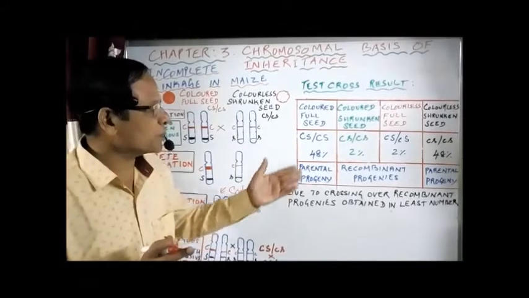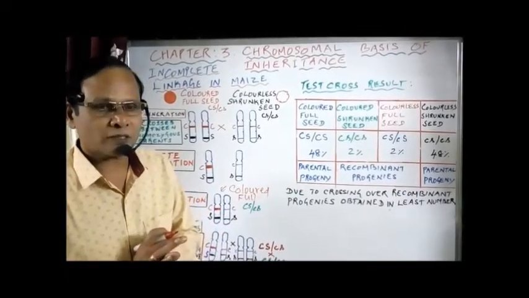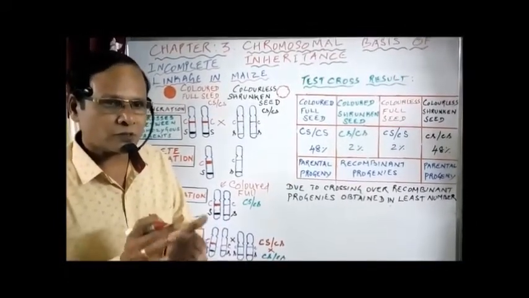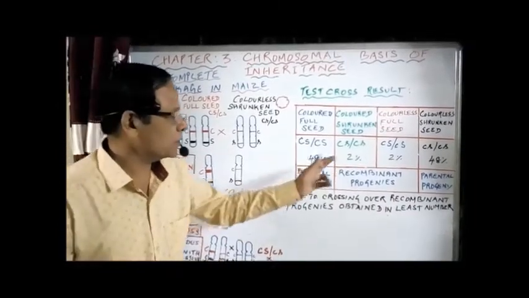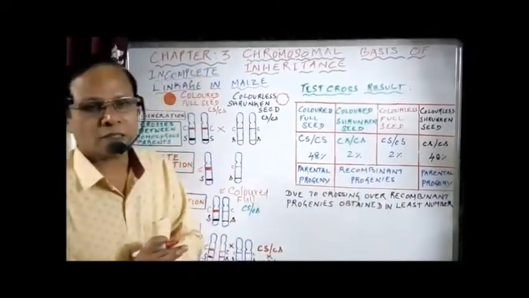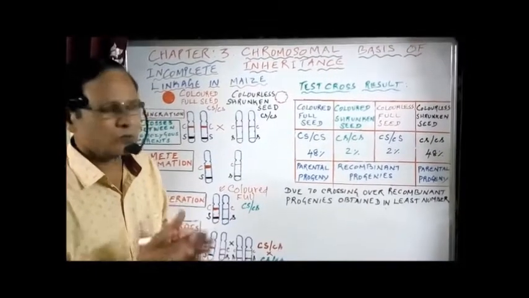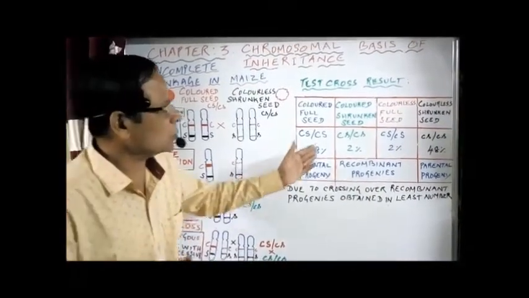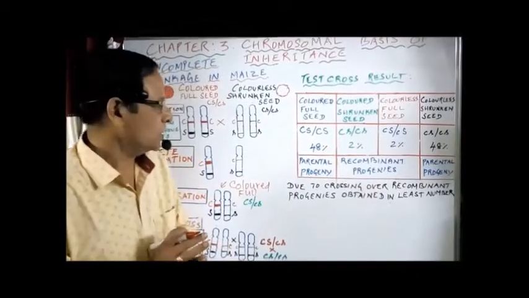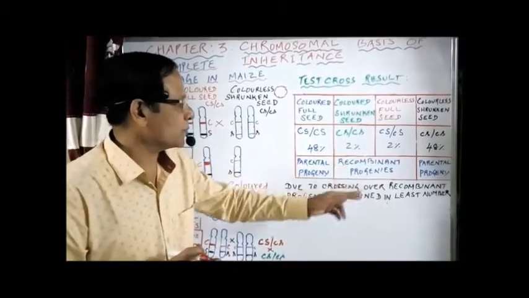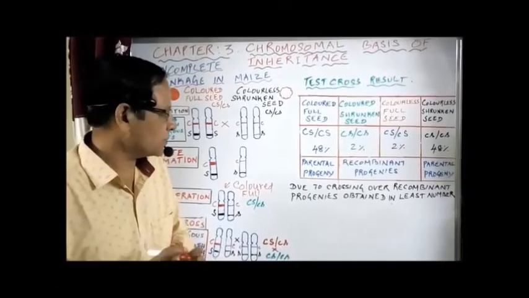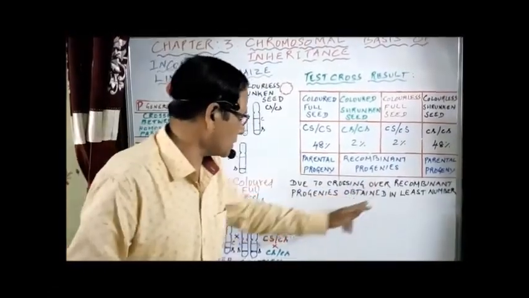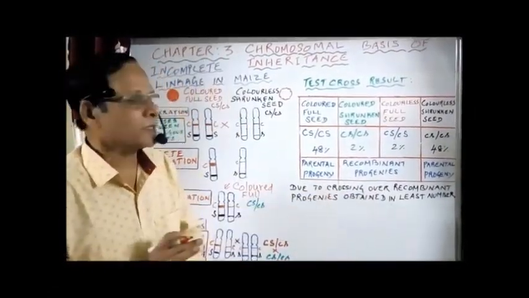Okay, so increased parental combinations you can normally get only in the case of coupling, 7:1:1:7, or we have it in repulsion, but here what we have is coupling, the cis arrangement of genes, or due to some factors we have received more parental combinations. So parental combinations are more in number, and the recombinations are least in number. Due to crossing over, recombinant progenies are obtained in least number.